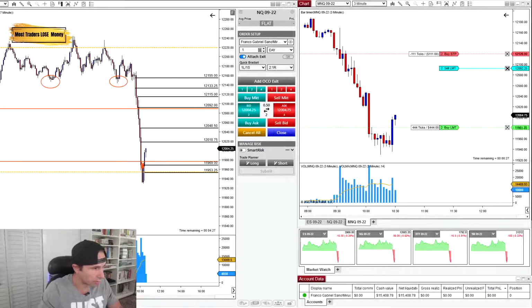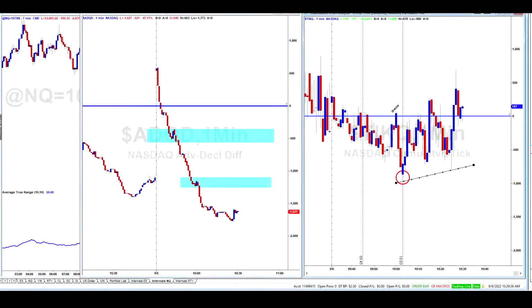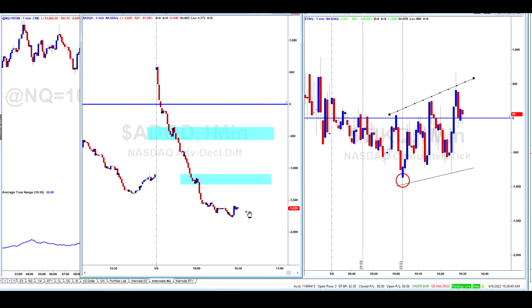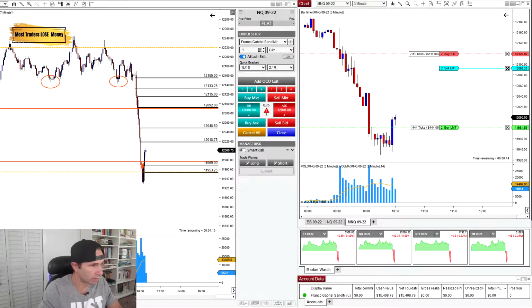Now it is starting to create higher lows. It'll be something around like this.